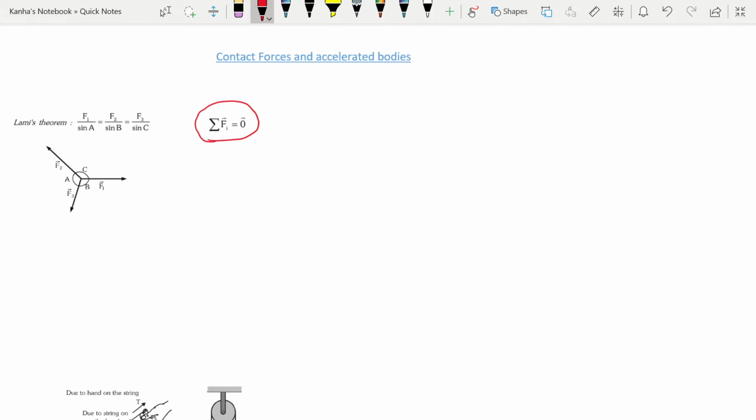one of the important theorems that comes into the picture is Lami's theorem, which says that if there is a body and there are three coplanar forces acting on it, then we can always find a relation between them such that f1 divided by sine of the opposite angle is equal to f2 divided by sine of the opposite angle, and f3 divided by sine of the opposite angle.